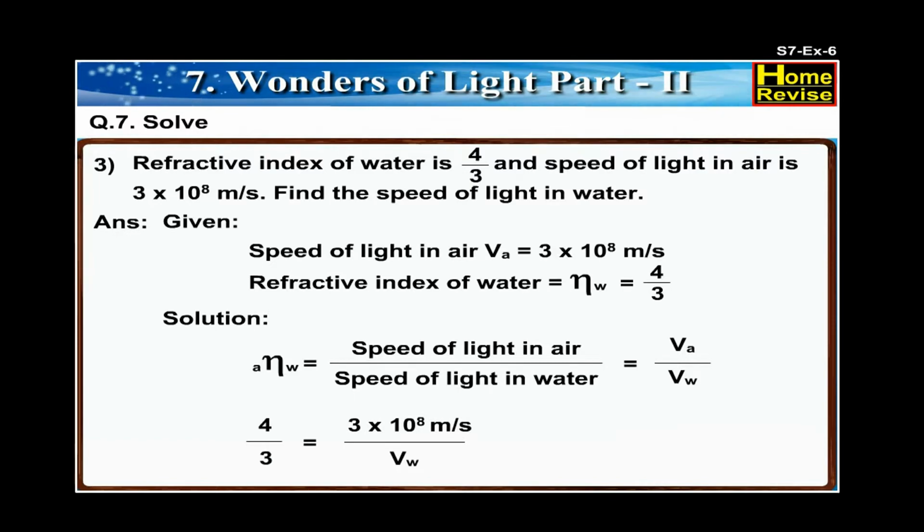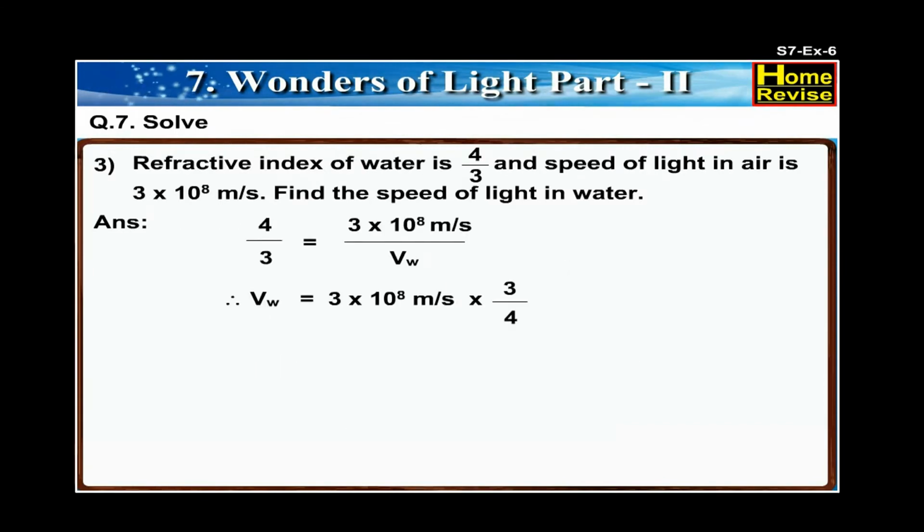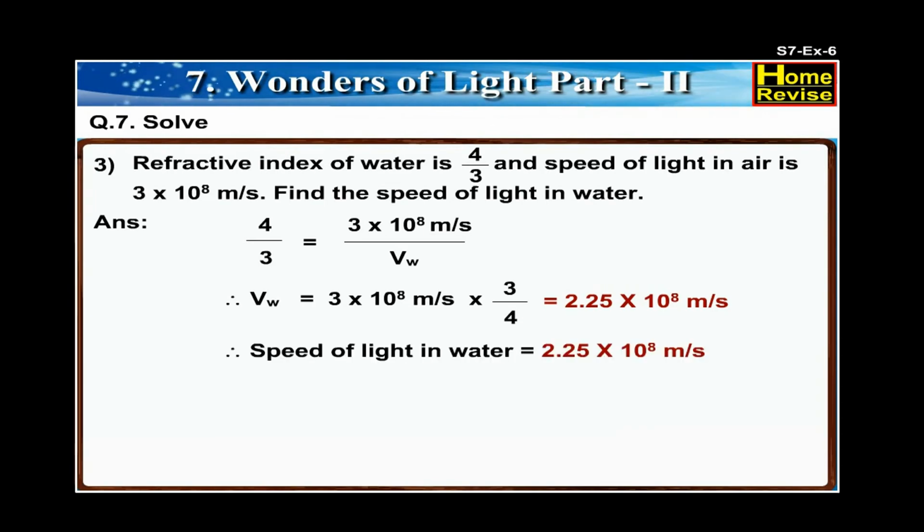Substituting the values, 4/3 equals 3 into 10 raised to 8 meters per second upon VW, or VW equals 3 into 10 raised to 8 meters per second into 3/4, which equals 2.25 into 10 raised to 8 meters per second. Therefore, speed of light in water is 2.25 into 10 raised to 8 meters per second.